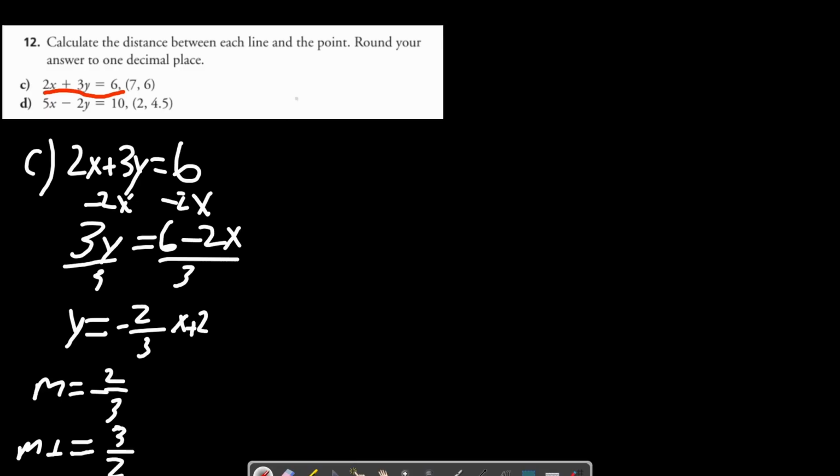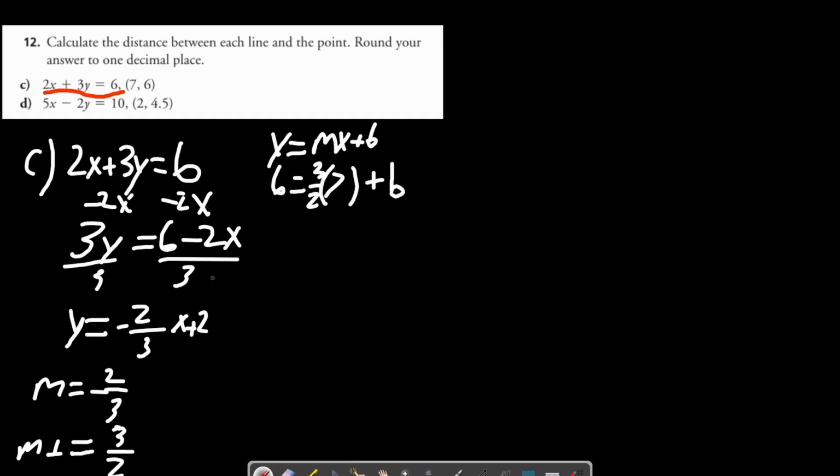Okay, so now we can use y equals mx plus b, or even point slope form if you'd like. We're going to plug in 6 for y and use 3/2 for our slope times the x, which is 7.